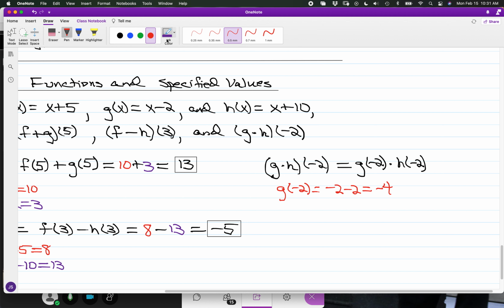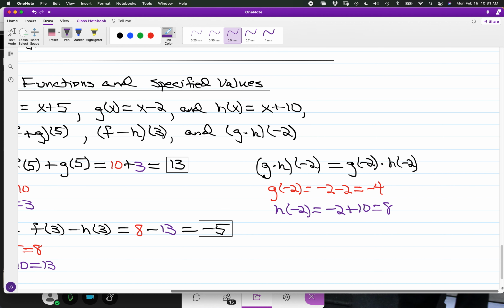And in the case of h of negative 2, referencing h of x, h of negative 2 is going to be negative 2 plus 10. And that's going to be a positive 8.